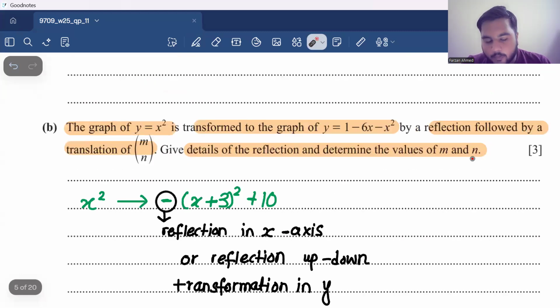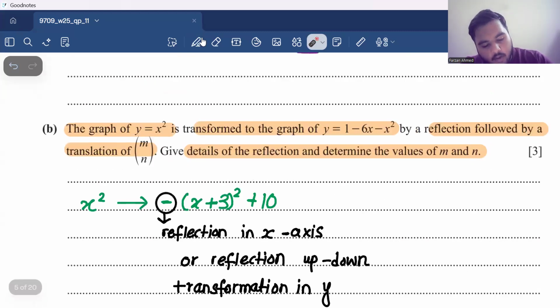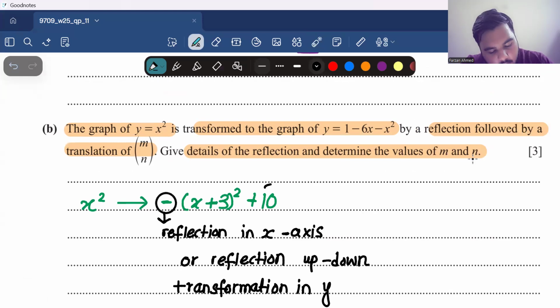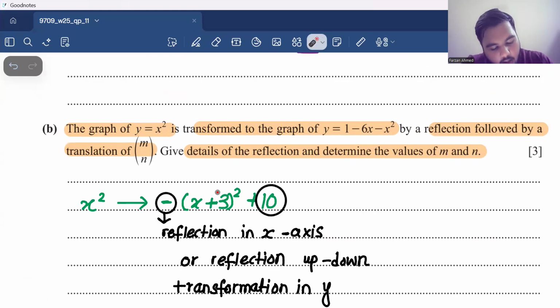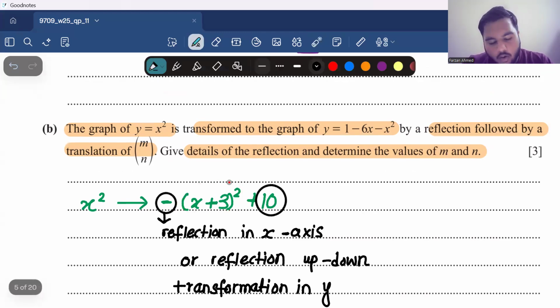Now I'm talking about this plus 10. If we have something outside the bracket, it will be called a translation in y.